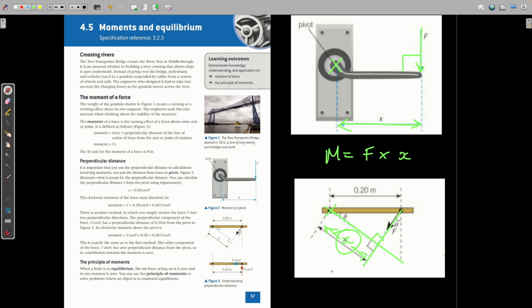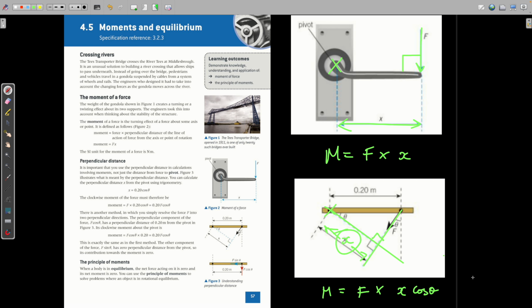A lot of these questions will use trigonometry. It'll either be cos or sine. So it might be like, say, moment is the force times x cos theta, or it might be sine theta. It just depends on the setup of the question. But we'll go through examples of each one.